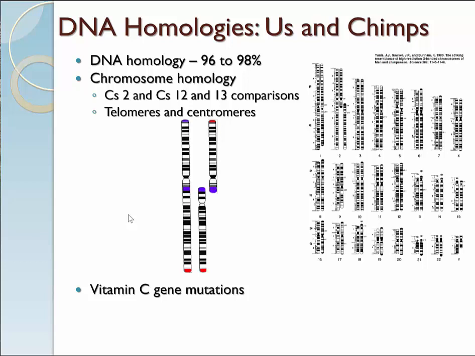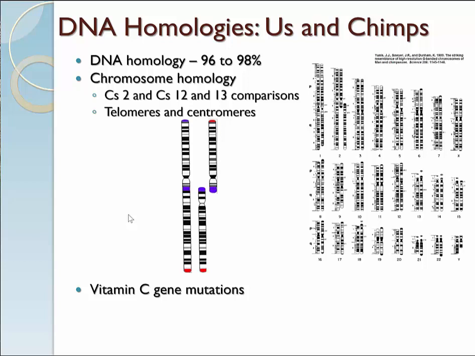Primates lost the ability to make their own vitamin C because they started eating fruits and so forth that were high in vitamin C. So we were supplying the vitamin C that we needed through the food we ate, and so we didn't need the vitamin C gene to produce vitamin C for us.